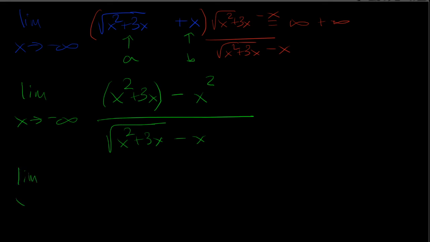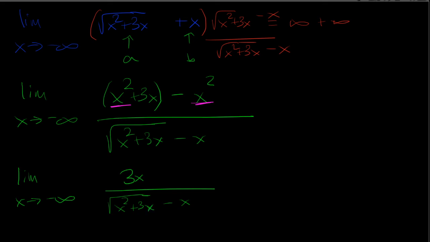Notice we have x squared minus x squared. That goes away, and all you're left with at the top is the 3x. And at the bottom, we have the square root of x squared plus 3x minus x.